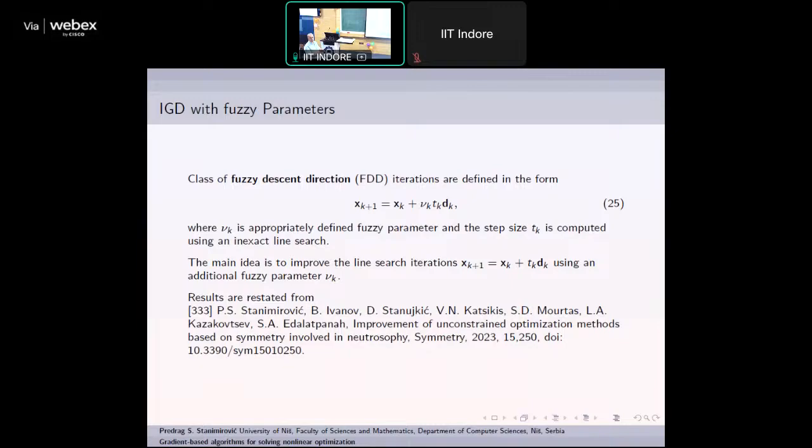If we go slowly to the minimum, then increase the step size. If in the opposite case, decrease the step size. And it should be a job for fuzzy logic rules.